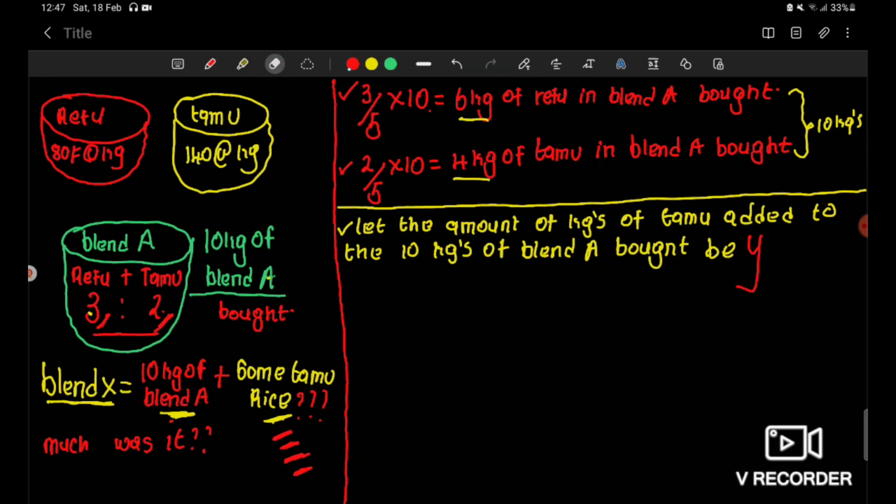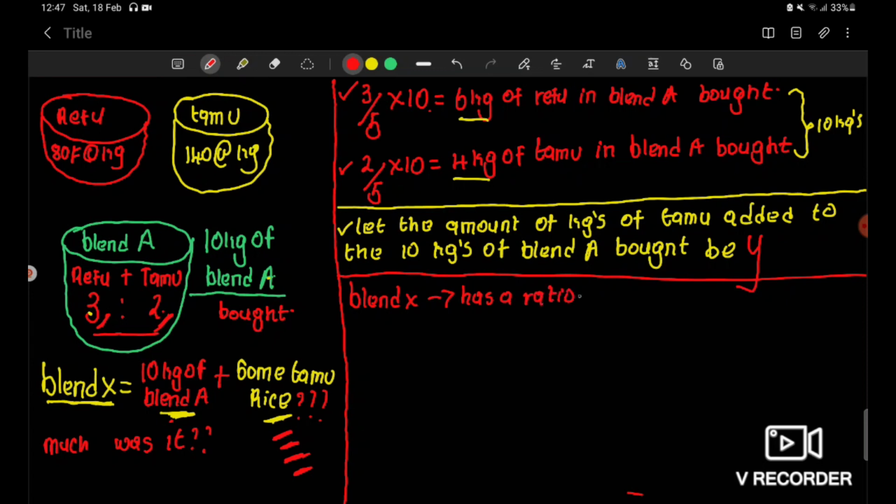But the good thing with the question is that it has told us blend X has a ratio of refu is to tamu as 1:2. So this we have been given in the question. Do we know the amount of kg of refu in blend X?